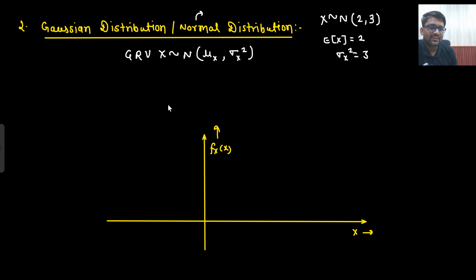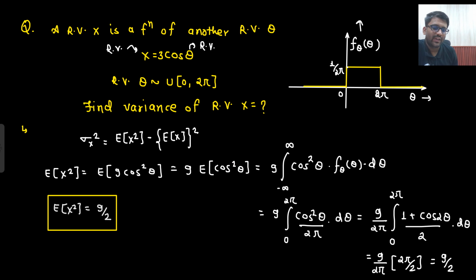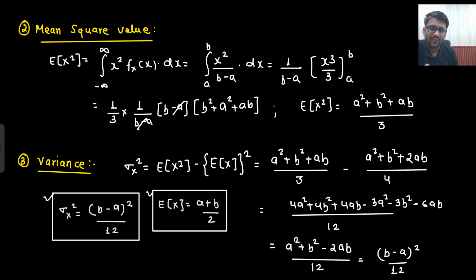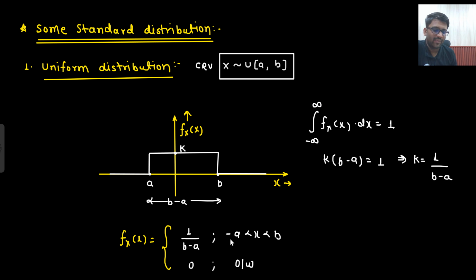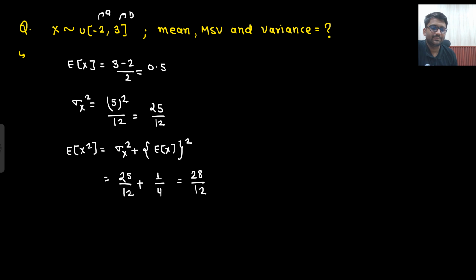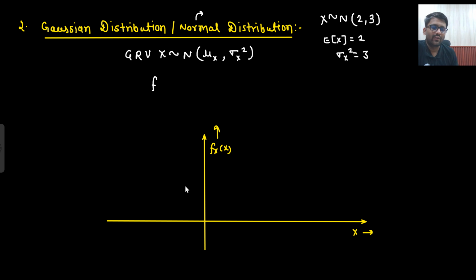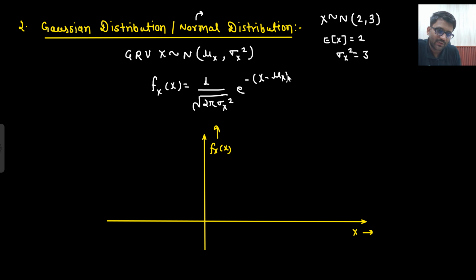Okay. Now what is the distribution? Here, what was your fx of x? Fx of x was 1 upon b minus a, from a to b. So here what will it be? It will be 1 upon under root 2 pi sigma x square, e to the power minus (x minus mu x) whole square divided by 2 sigma x square.